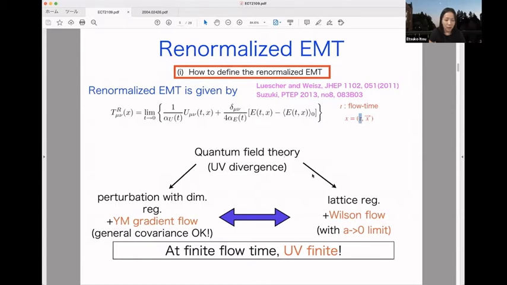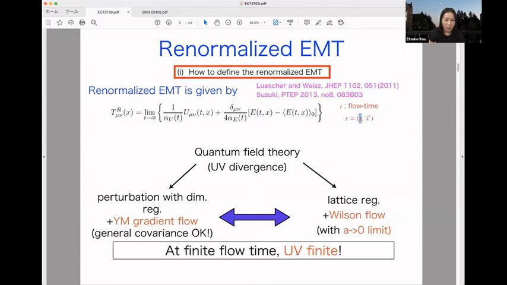On the other hand, we also have the other regularization method, so-called lattice non-perturbative regularization. We also know the corresponding technique, the lattice Yang-Mills gradient flow, which is called Wilson flow on the lattice. After taking a continuum limit at finite Wilson flow time, both quantities are UV finite.